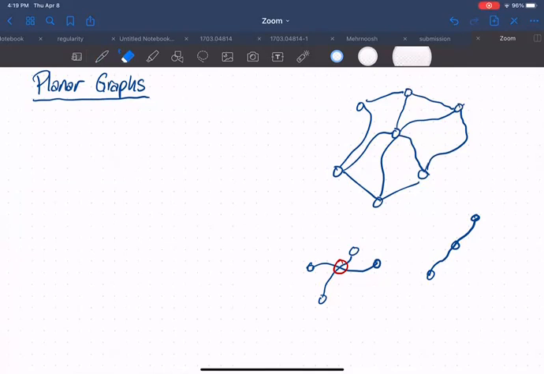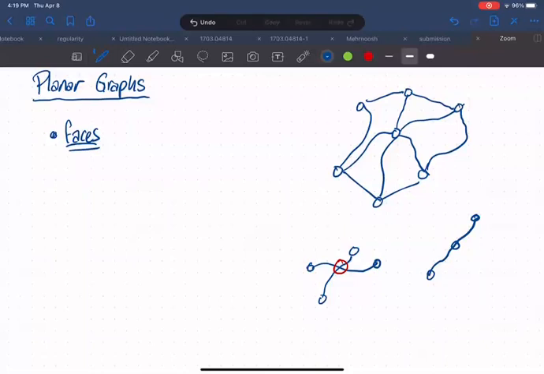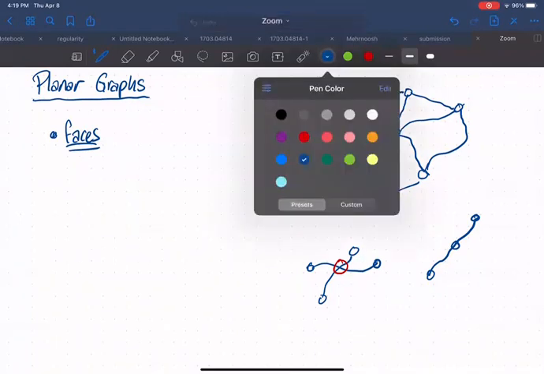Okay, so that's planar graphs, and an important thing about planar graphs is this notion of faces. So what are these faces of a planar graph?